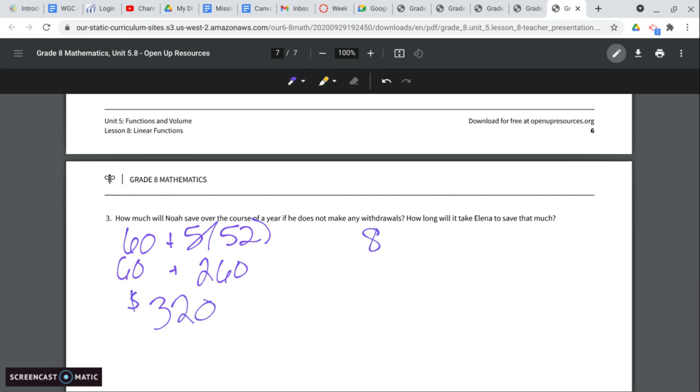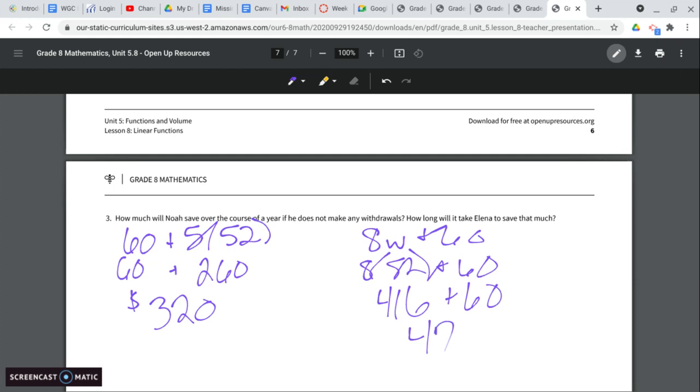Now Elena had the equation 8w plus 60, so we'd plug in 52 for w, so 8 times 52 plus 60. 8 times 52 is 416 plus 60, which would be 476. So Elena is definitely going to save more money than Noah will.